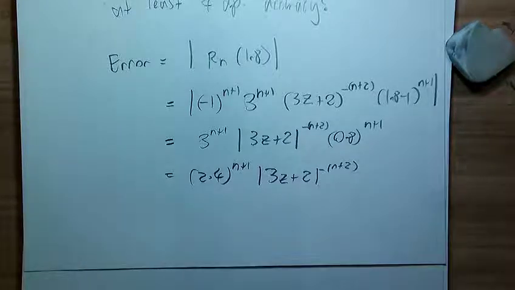Now the same reasoning that worked before will tell us that the maximum possible answer for what happens when you put the z's in happens when z is 1.